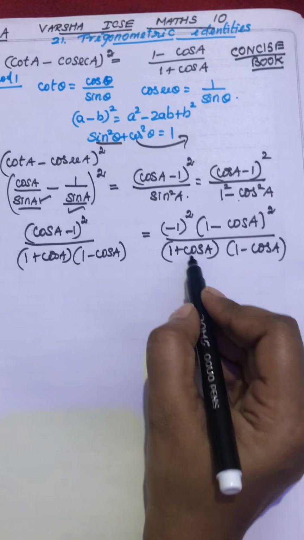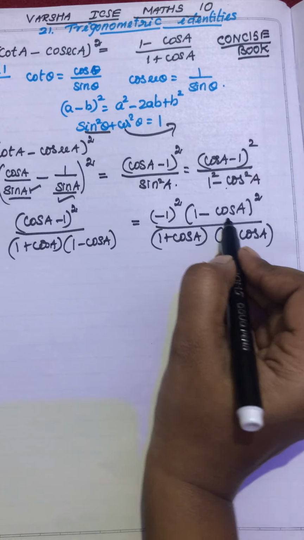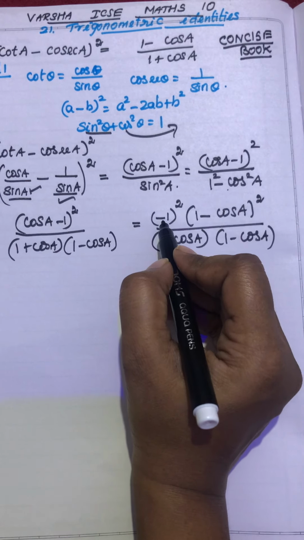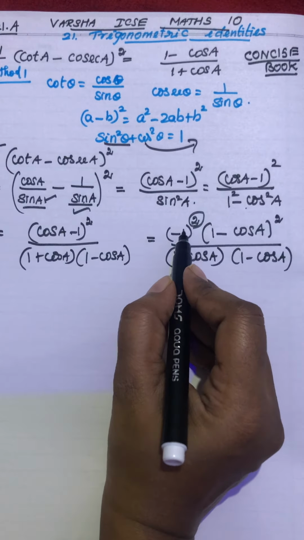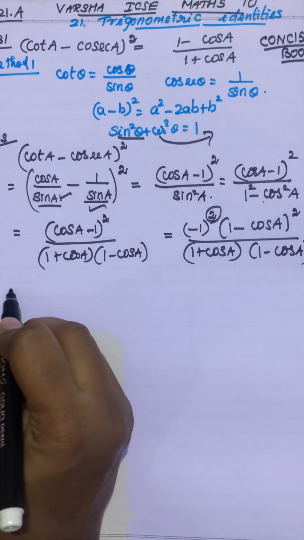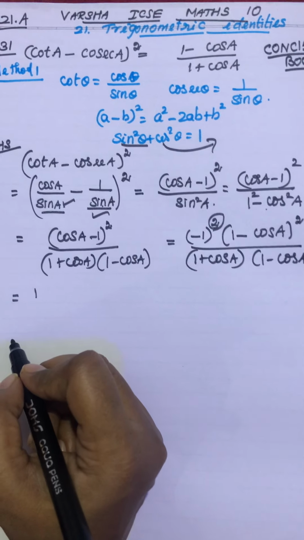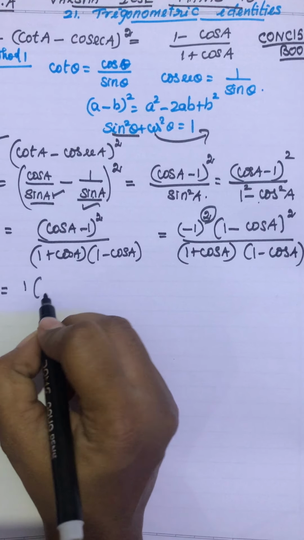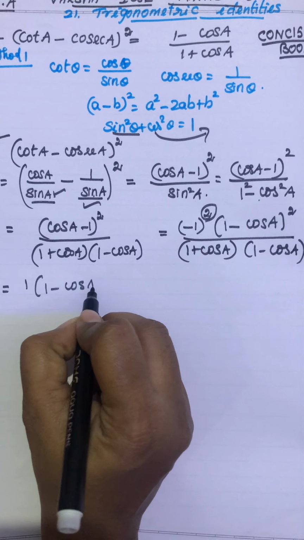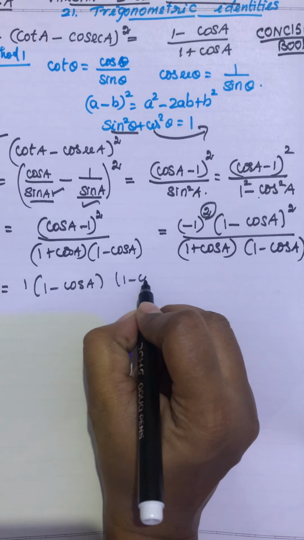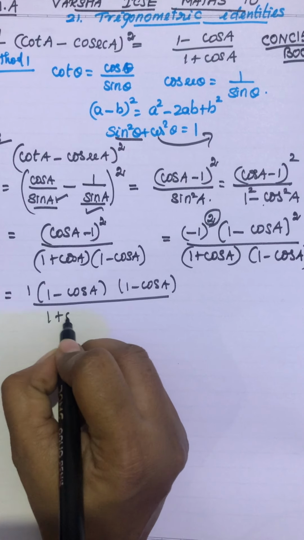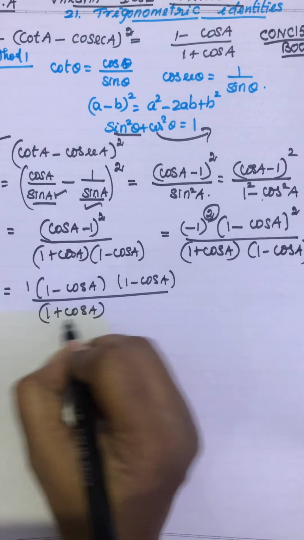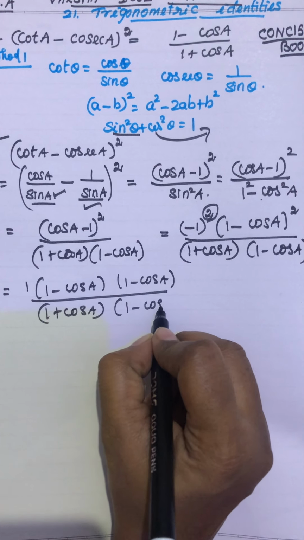Whenever you take a number out of the square bracket, it comes with the square also. So the minus is cancelled by the square and it becomes 1. So this is (1 minus cos A) and (1 minus cos A), and in the denominator we have (1 plus cos A) and (1 minus cos A).